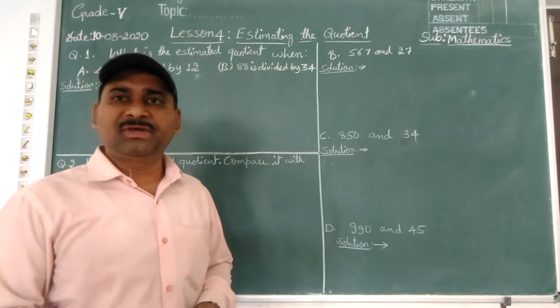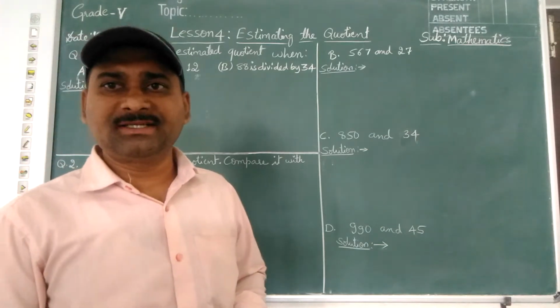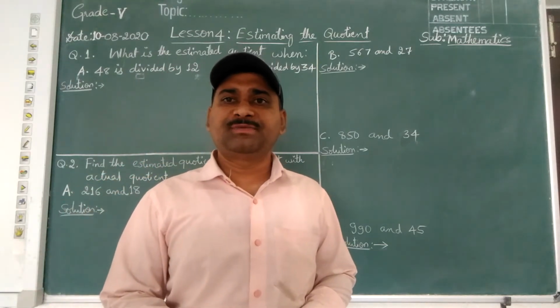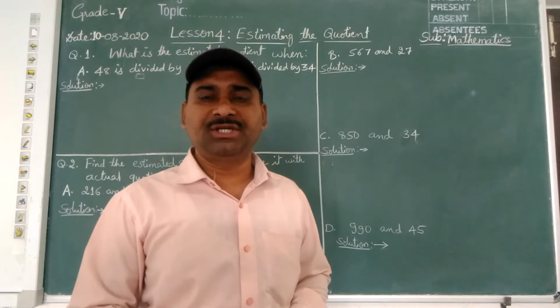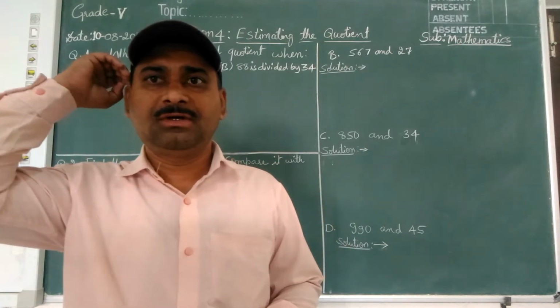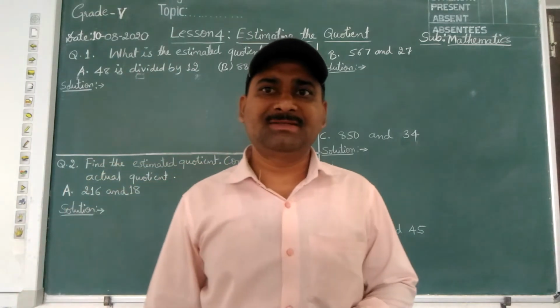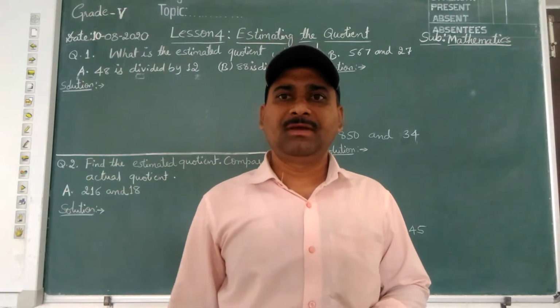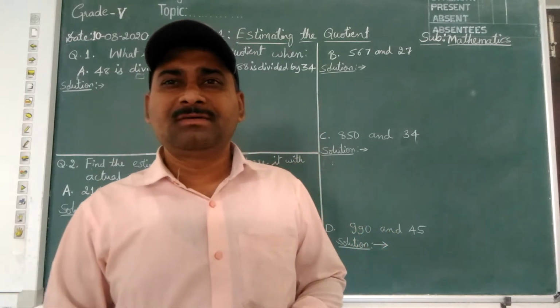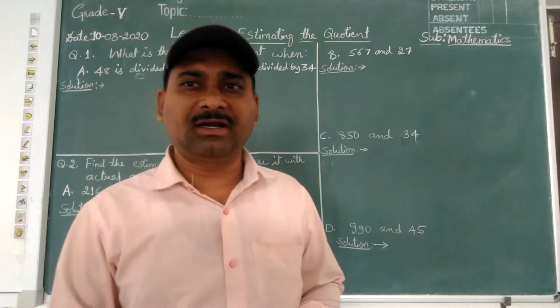So, in the last period, we discussed estimating quotient. After the explanation, when I asked you to do the worksheet and the practice questions of lesson number 4, I observed your notes and the answers you sent to me. Only a few of you answered correctly, children.